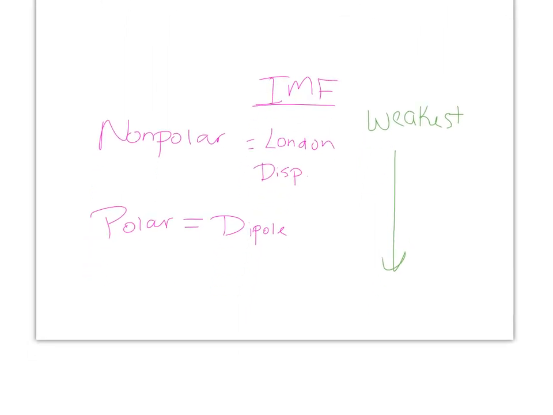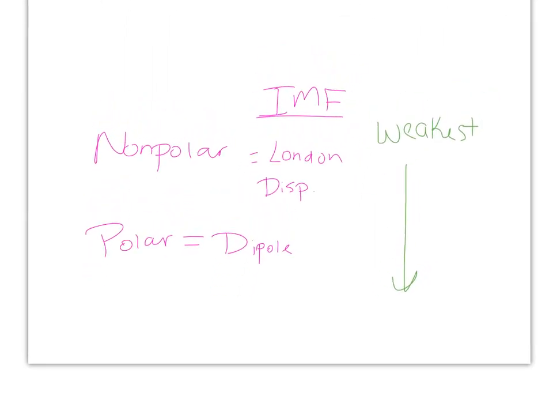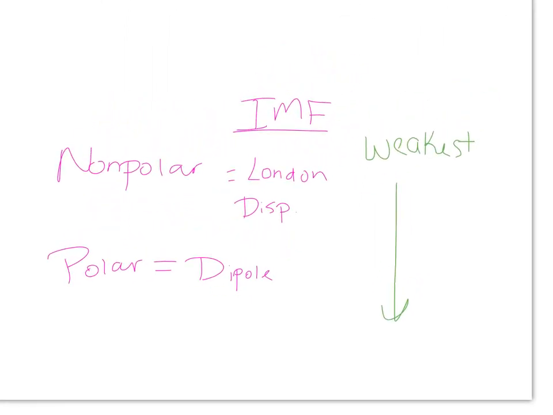In terms of IMFs, really quick, just so you guys can hear that from me one more time. Weakest to strongest, I'll go in order. And I'll tie in your molecular geometry just so this hopefully will help you. If you have a non-polar molecule, based on what I showed you above, the leading IMF will be London dispersion.